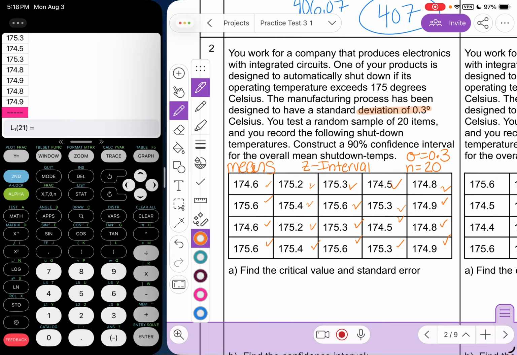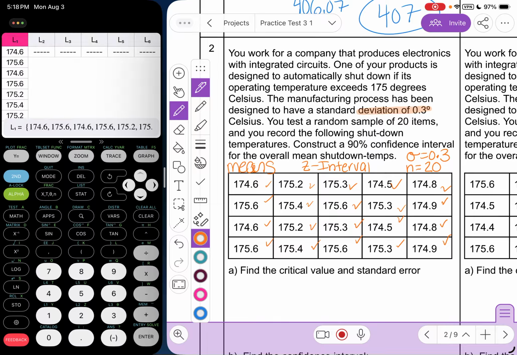Okay, I'm just going to double check one more time. Okay. When they're all so close, it makes it hard. Okay, numbers are in there.